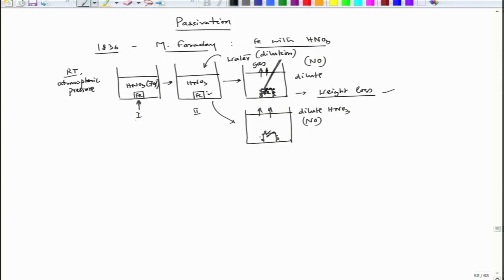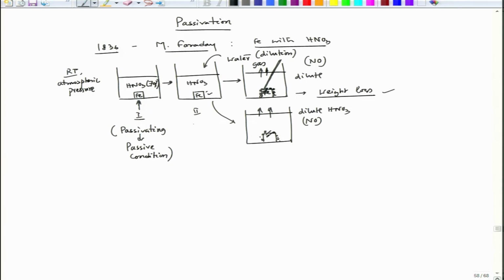Now, this experiment talks about passivity, as well as later on when it converts from passive to the active stage. In stage 1, the iron is passivating and then reaches the passive condition, and the corrosion rate reduces to a very large extent.